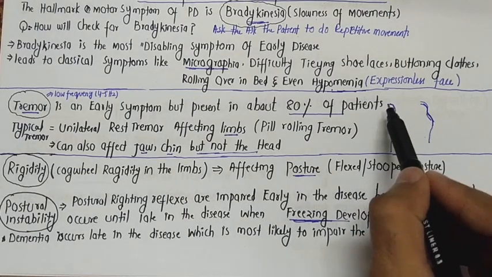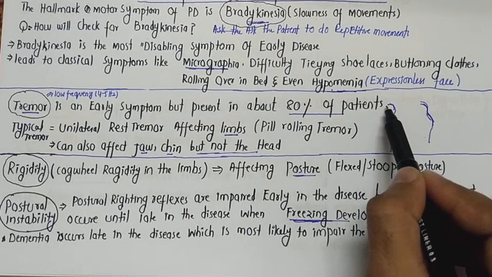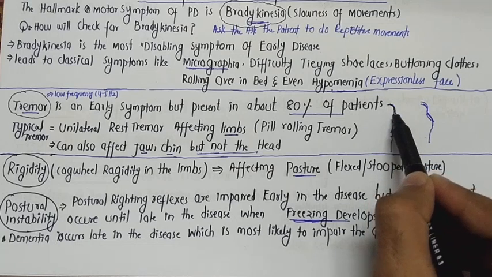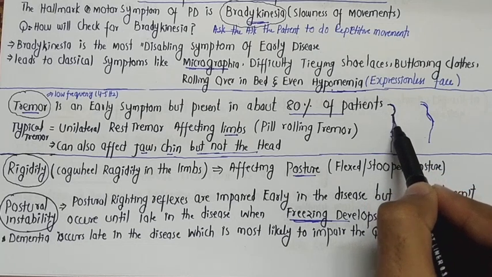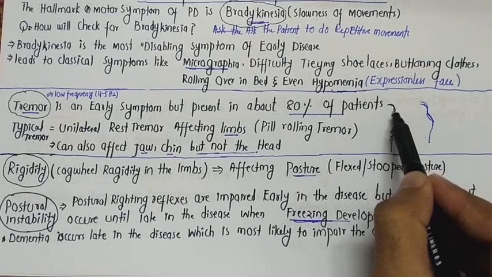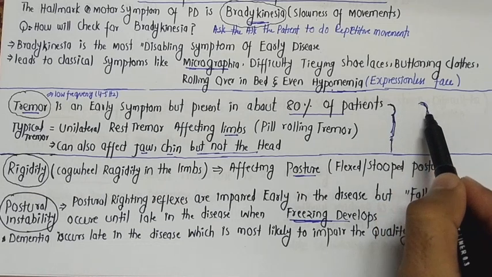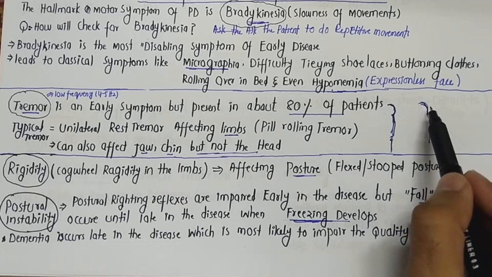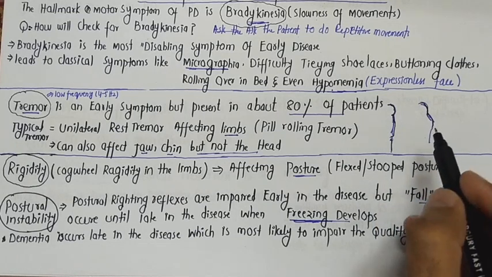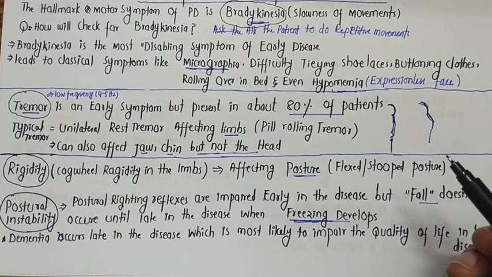The normal patient looks like this from the back. This is the back of the head, this is the back of the trunk, and these are the legs. It becomes like this, like kyphosis. So the posture is affected, becoming flexed, a stooped posture due to this rigidity.